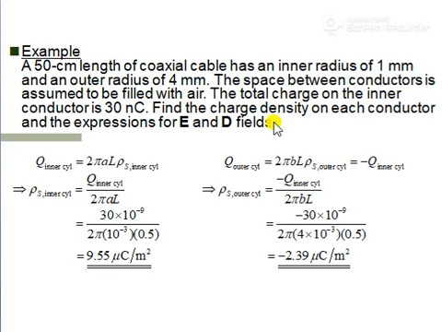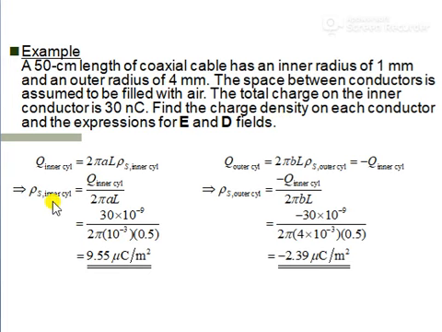Find the charge density of each conductor and the expressions for E and D. So here the coaxial cable is given of length 50 centimeter, inner radius 1 mm, outer radius 4 mm. The space is filled with air. The total charge on the inner surface is 30 nanocoulomb. Find the charge density on each conductor plus the expressions for E and D.